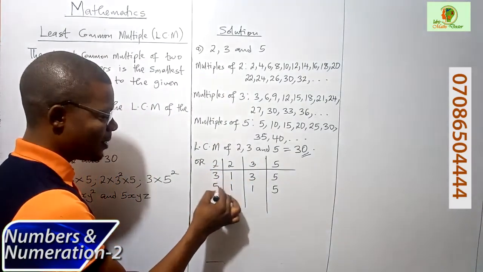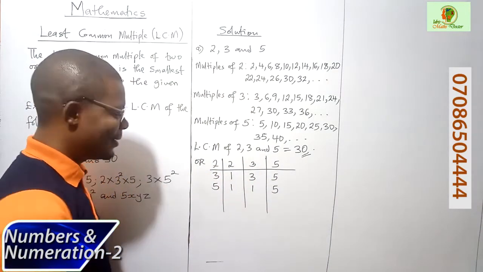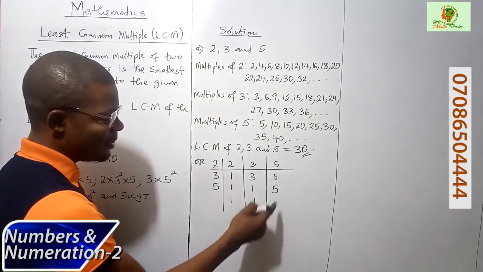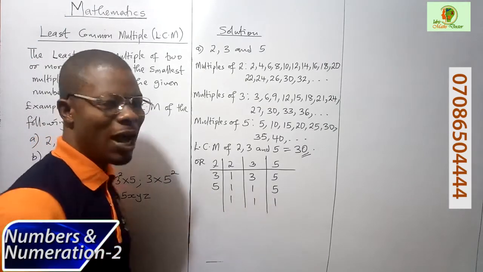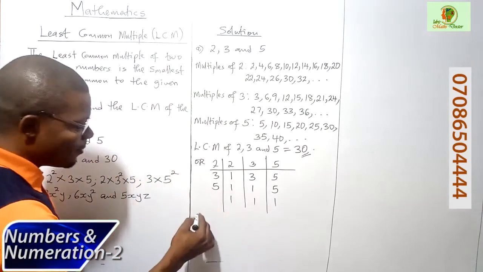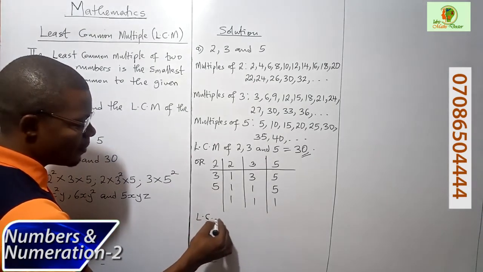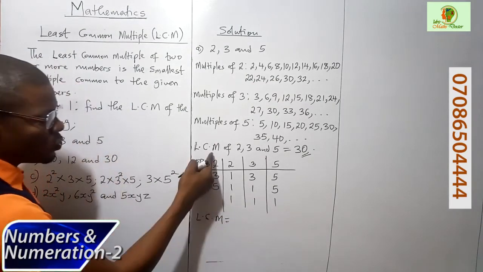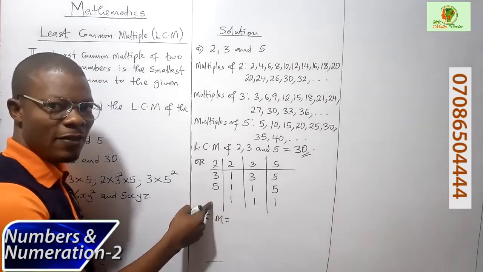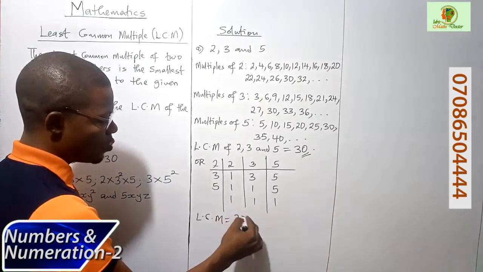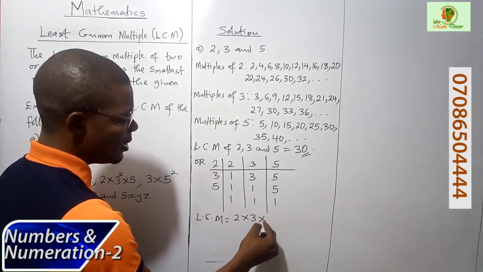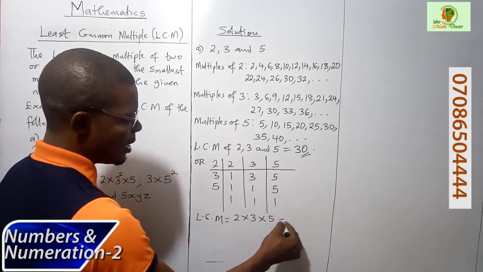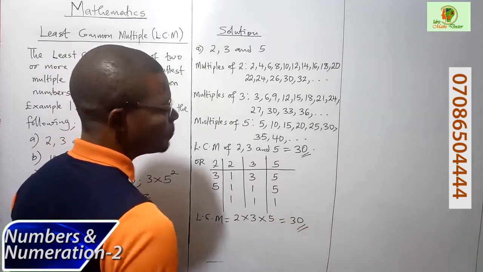The next one we use is 5. 5 divided by 5 is 1. Therefore, LCM is equal to the product of the prime numbers you have here: 2 times 3 times 5, and that gives 30.